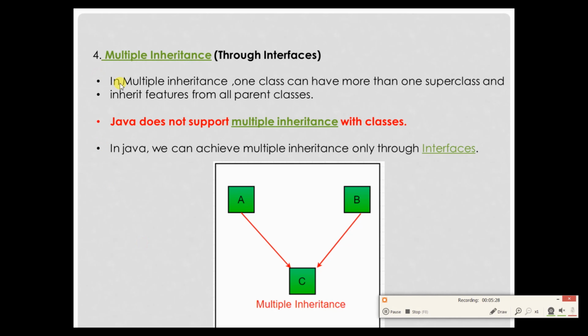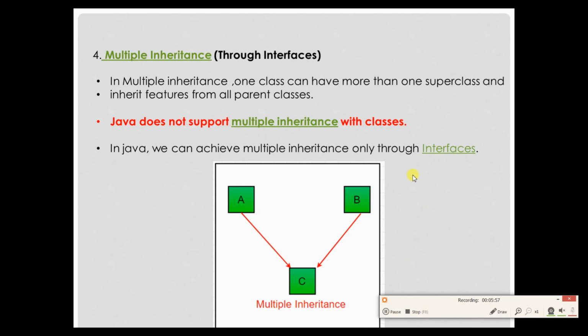And you can see in the picture, A and B behave as the base classes and C is a child class, where C has to inherit the properties of A and B. And this is where the diamond problem occurs, because it has to take both the properties, and Java doesn't support multiple inheritance with classes, and we can achieve multiple inheritance only through interfaces.